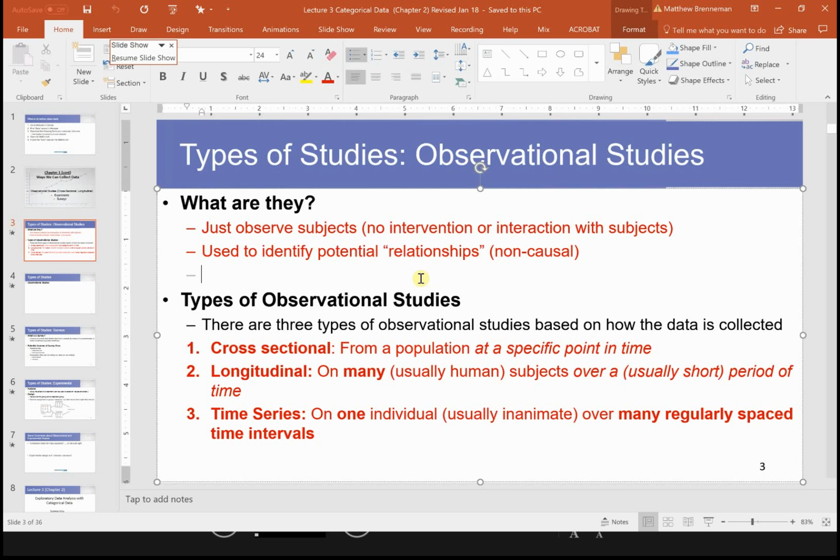The way I think of it is I think of observational studies as kind of like this. I think of time as being along an axis, okay? And we have a population at some time. We could talk about all the Embry-Riddle students right now, okay? So this is our population.